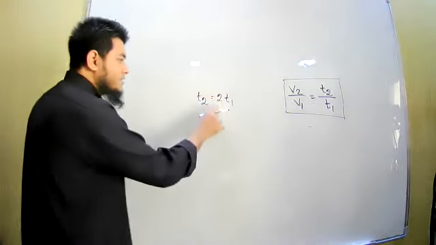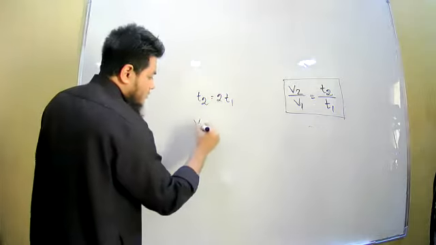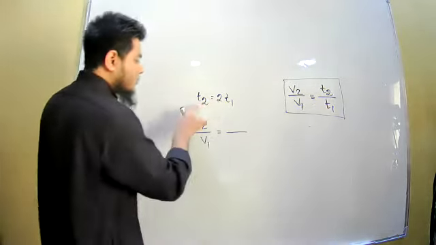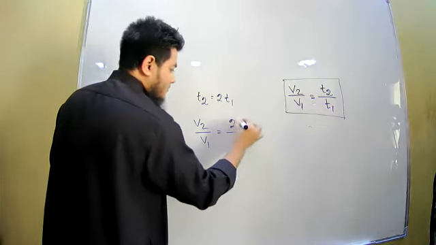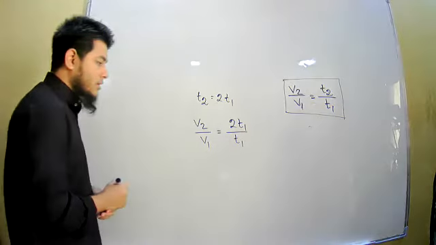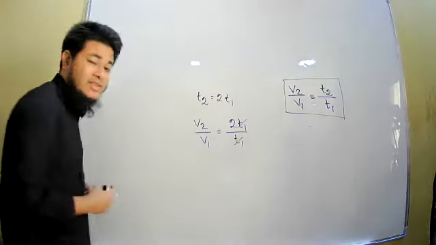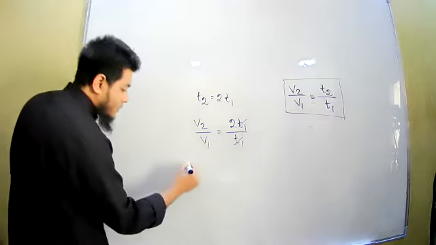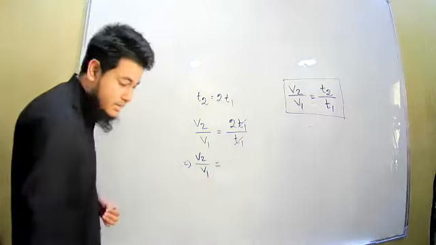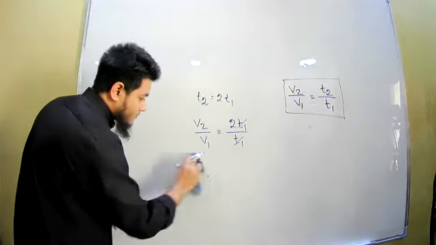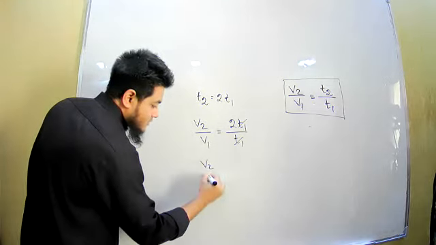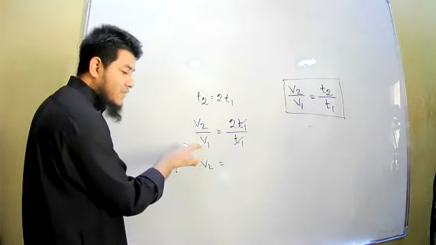That means the new time will be double of the previous one. So if I replace this value over there, then it will be v2 by v1 is equal to, see, instead of t2, I can write 2t1, and in the denominator, it will be t1. So t1 and t1 will get cancelled. Then I can cross multiply from here. v1, I will change the side of it. So v1 is divided over here.